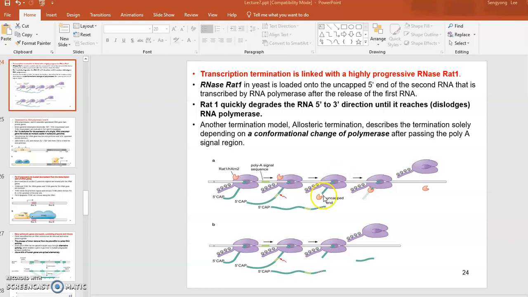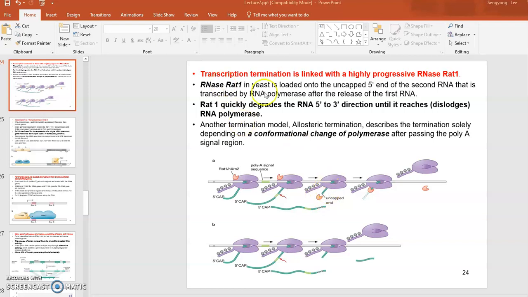At that point, the 5' end of the new transcript is not G-methylated, right? So there's no protection for that. Like I said, 5' end G-methylation is a kind of cap that protects your RNA integrity from RNA chewing enzymes, right? But this area is not methylated or G-capped, so that area is very prone to degradation.